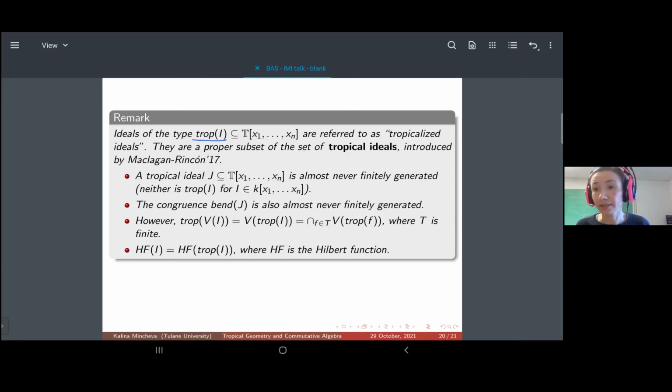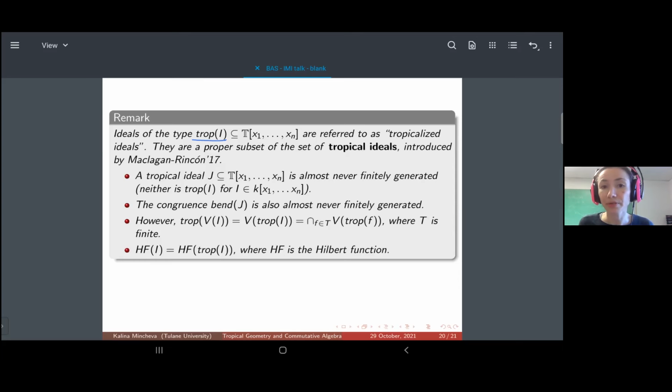They are very nice, and they have a lot of combinatorial properties. They look like matroids in each homogeneous degree, and so on.